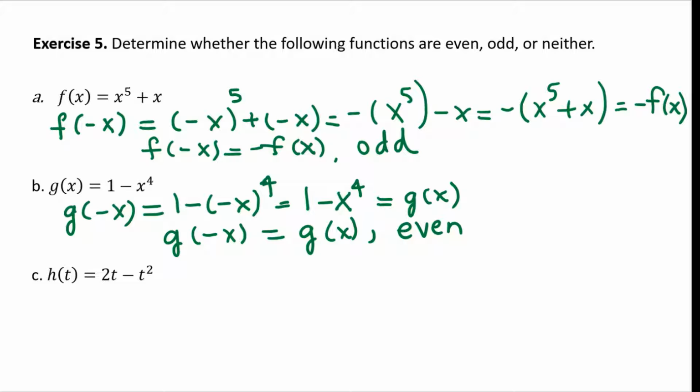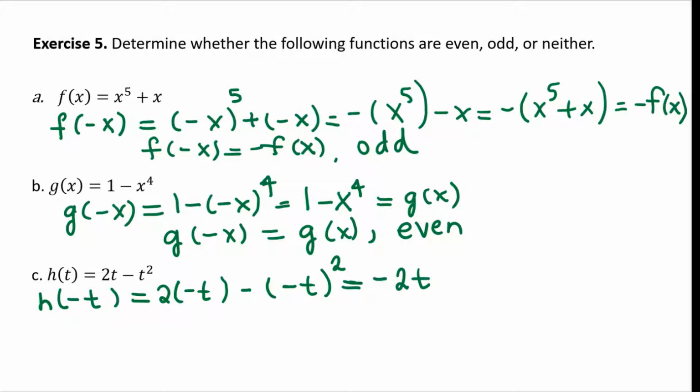Part C. H of t equals 2t minus t squared. Let's compute h of minus t. Every place there's a t, we'll replace it with a negative t. So you have 2 times negative t minus negative t quantity squared. The first term, the product of 2 and negative t, becomes negative 2t.